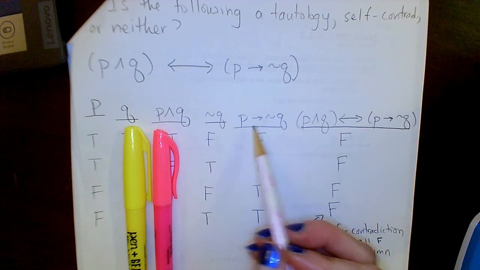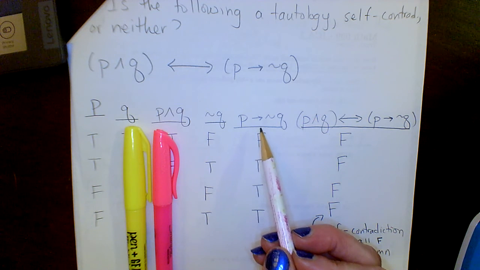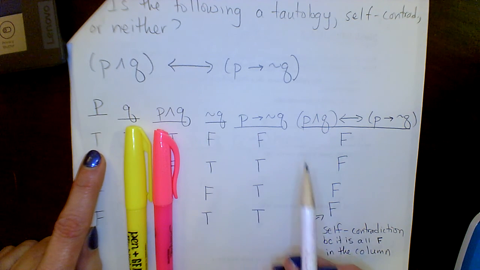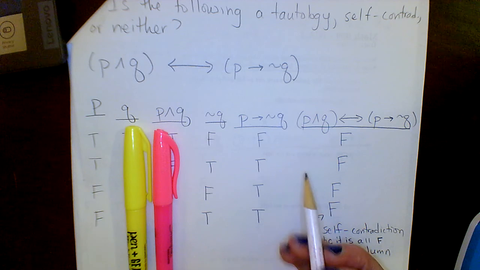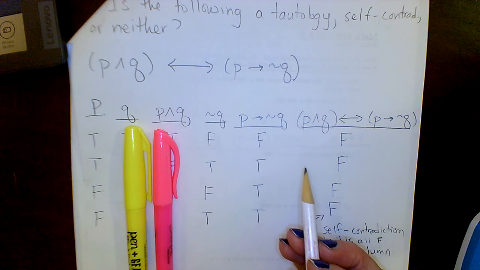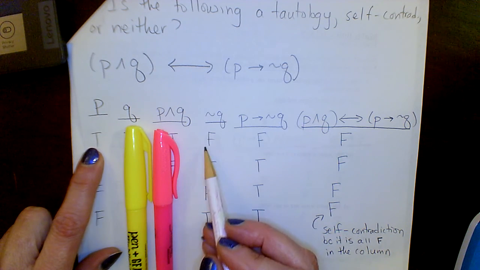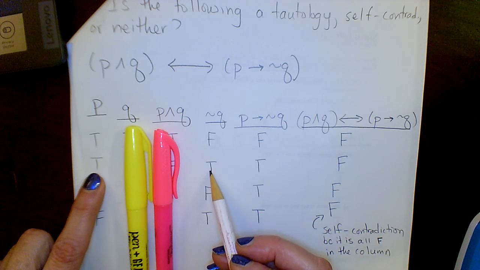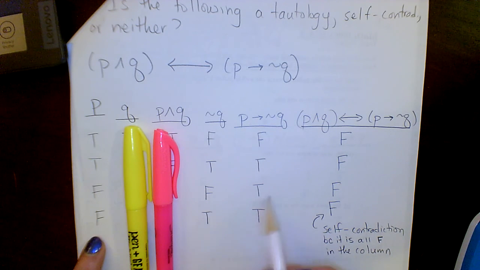All right, so I'm doing a conditional statement, an if-then statement, for this column to this column. Remember, these conditional statements are only false when the condition's met, but the conclusion's not followed through with. So, true, false. Otherwise, true, true, that's fine. False, false, that's fine.